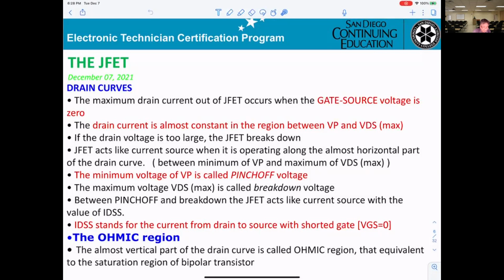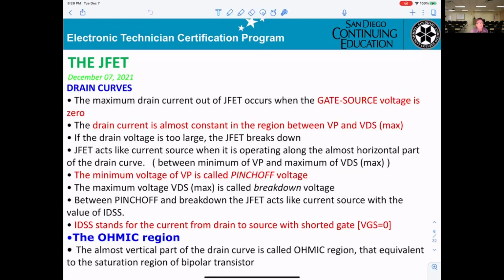Now, see what's going on here. The maximum drain current of a JFET occurs when the gate-source voltage VGS equals 0.